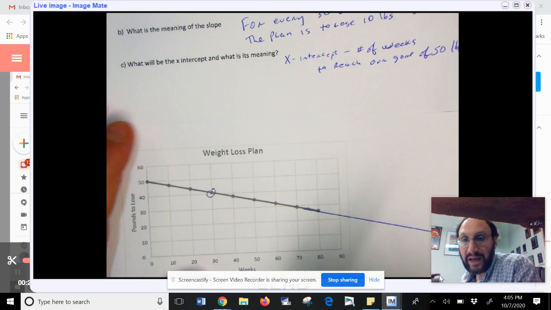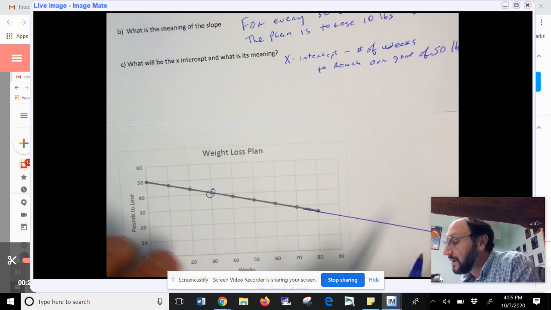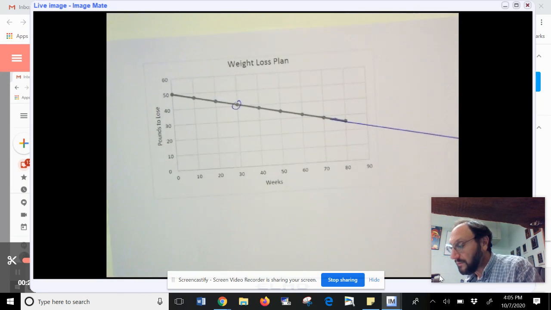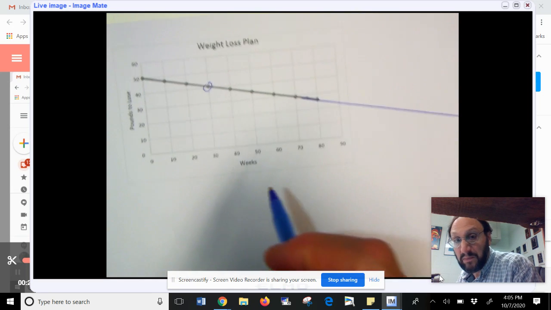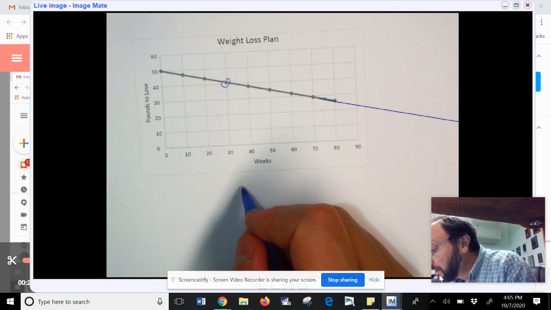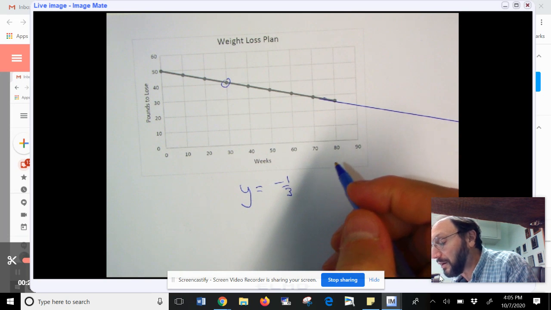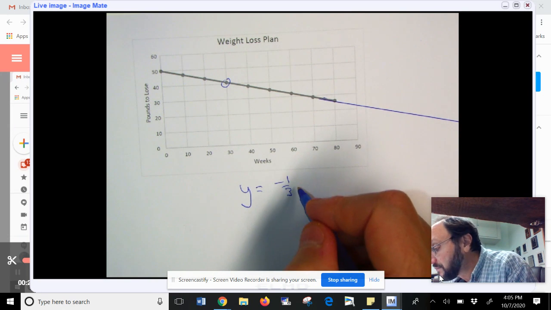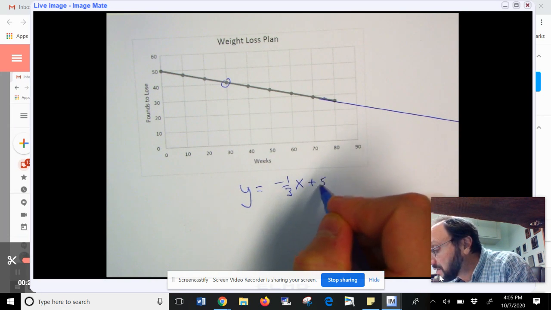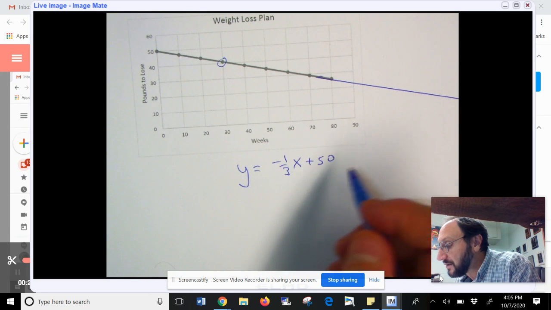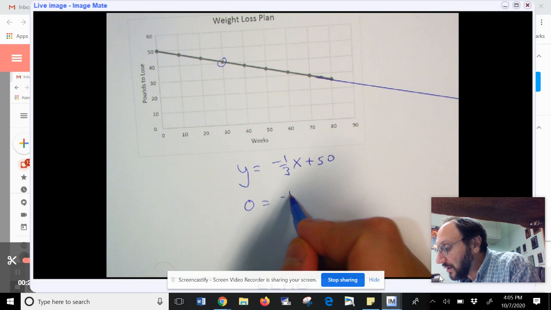And what is the x-intercept is the harder question. I might do it like this. We know that we have an equation of a line with a slope of negative 1/3, 1 pound for every 3 weeks, x, and we know that it starts at 50. We could say, well, the x-intercept is when the y value is 0.